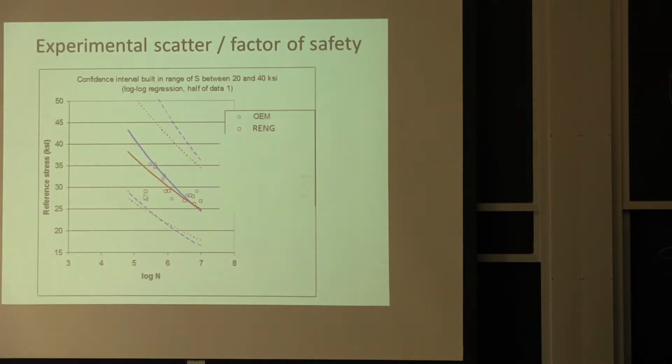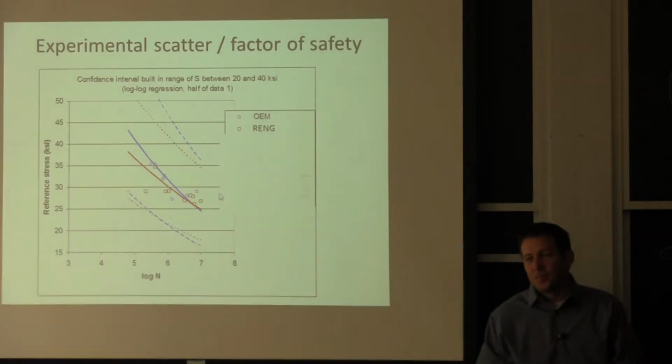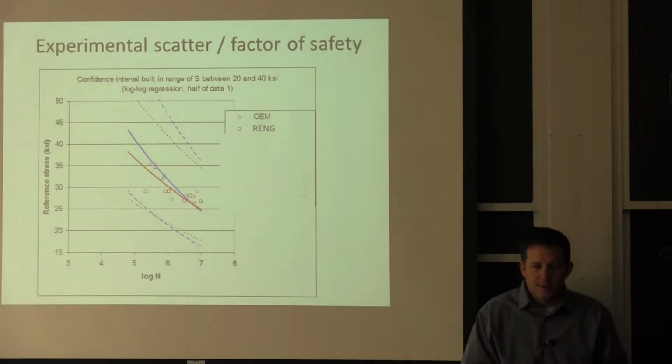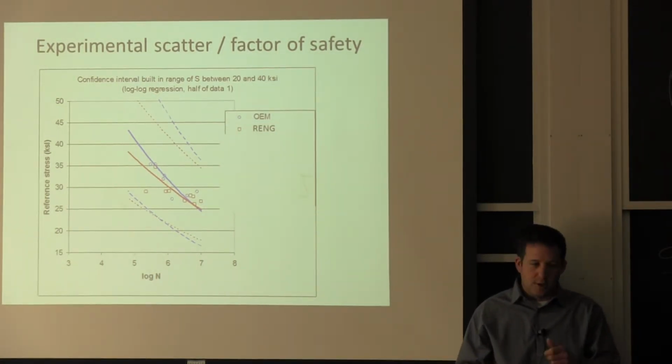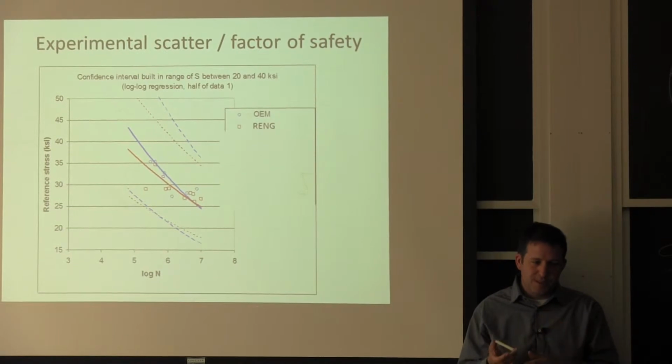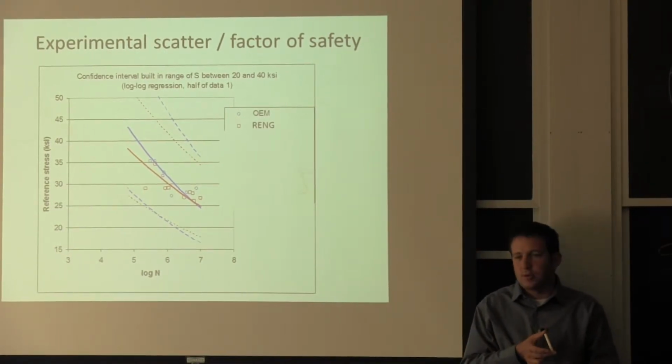So here we had some that fail in 200,000 cycles, all the way past 5 million cycles for almost the same loading level. And it's just part of either changes in surface roughness or some variation in the microstructure.